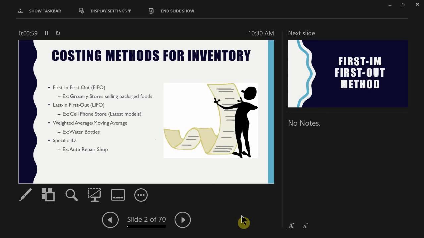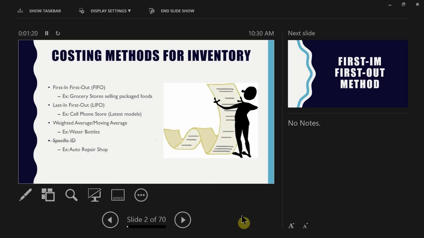Whereas LIFO means last in, first out, which are usually the first ones to sell out. A common example would be an electronics store, right? Usually the newer and later models are sold first versus the older models, right?